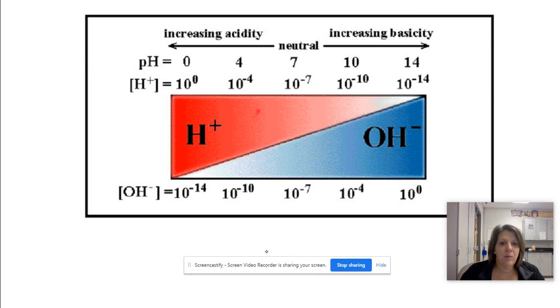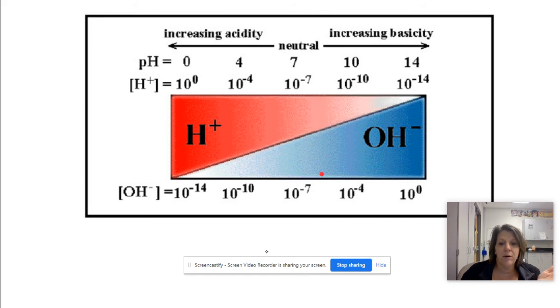So if you had something with a pH of 2, its hydrogen ion concentration would be 1 times 10 to the negative 2nd. Its hydroxide ion concentration would be much, much smaller, 1 times 10 to the negative 12th. But 2 and 12 equal 14.